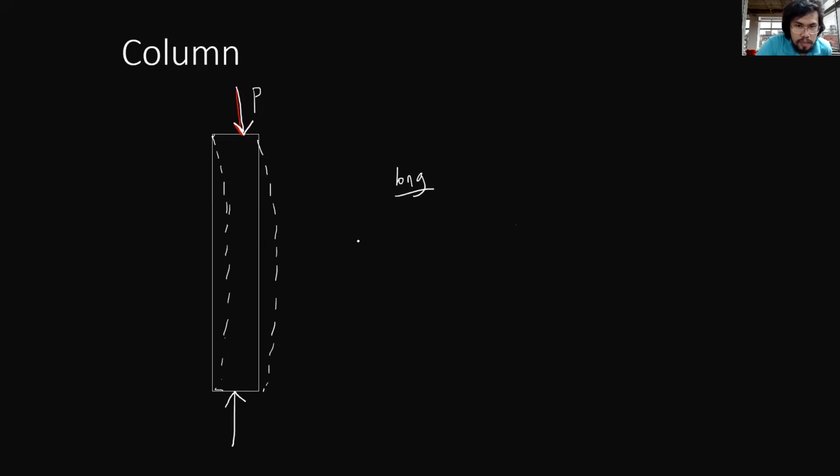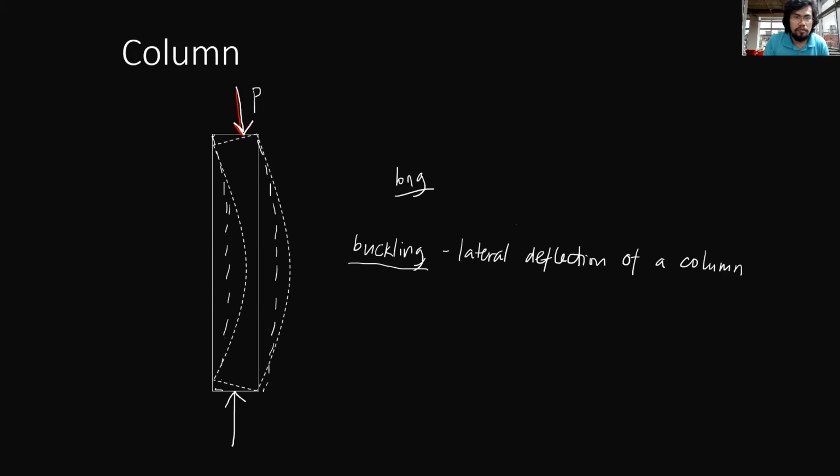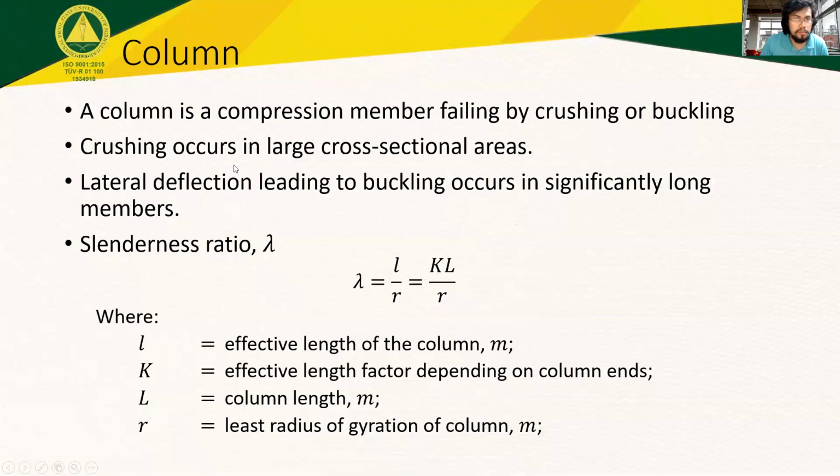And this is what is termed as buckling. Buckling: the lateral deflection of a column. Again, this only happens in long columns. So that's what it really is, okay? There's what is called buckling.